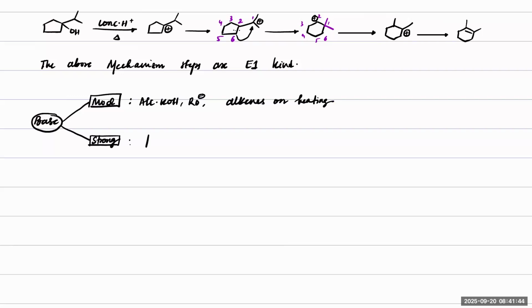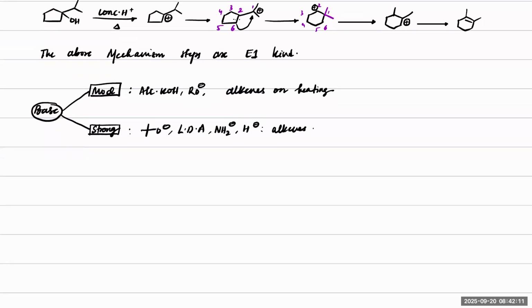Strong bases as in tert-butoxide, LDA, lithium diisopropylamide, NH2 minus, H minus. These are very strong bases. So these strong bases will give you alkenes only. Even without heating, you will always get alkenes. Yeah, beta. Right.